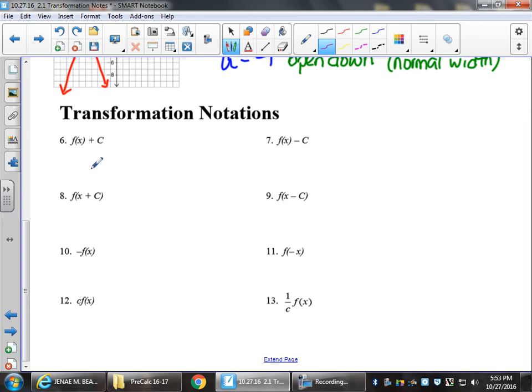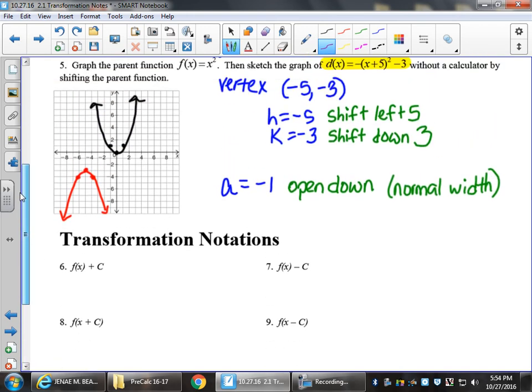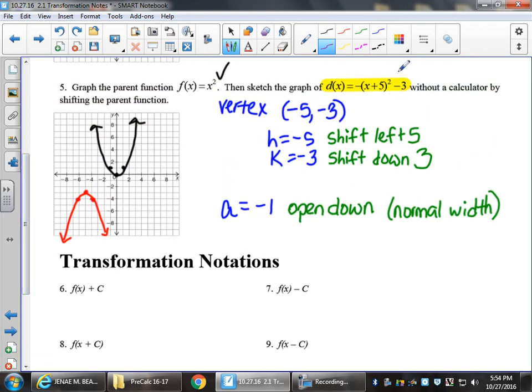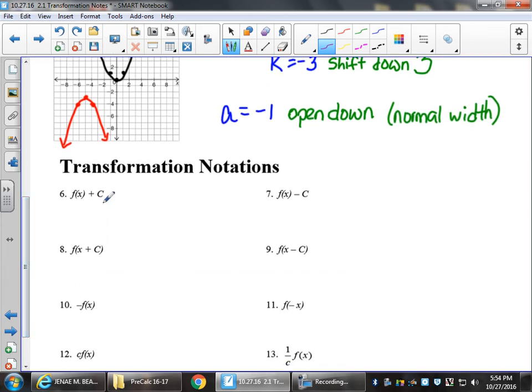Take a moment and look at number 6. When we see a plus C on the outside, that should jog our memories to what we saw when we're adding or subtracting a number on the outside here. So for example, this -3 on the outside meant a shift down 3. Well, here I'm adding a value.